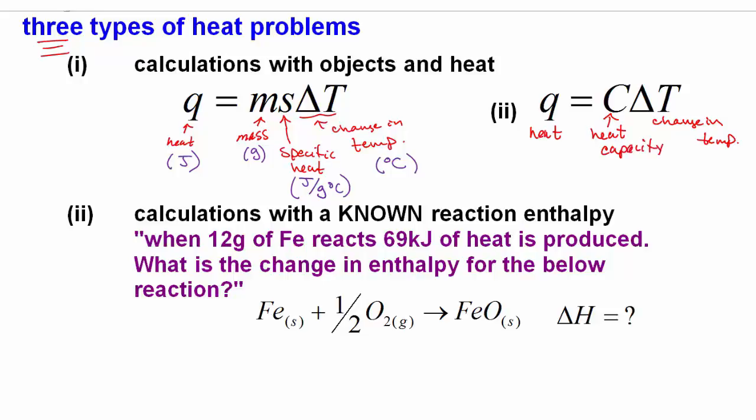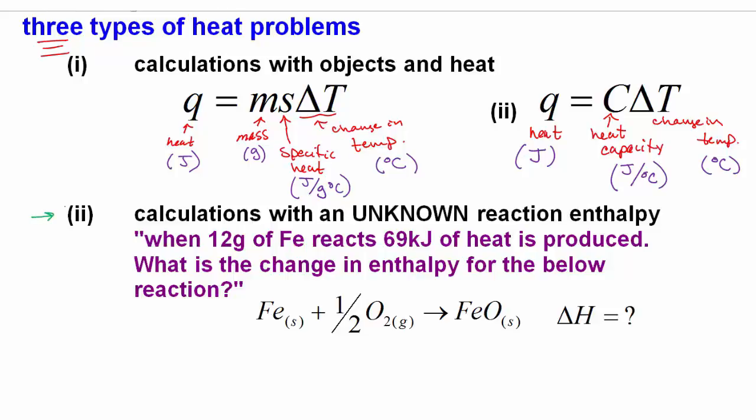With a different material or different object, it'll have a different heat capacity, and usually they give that to you. The units are usually something like joules per degree Celsius. If that's the case, then heat would be in joules and change in temperature in degrees Celsius. Which equation you use depends on whether they give you the s or the C.